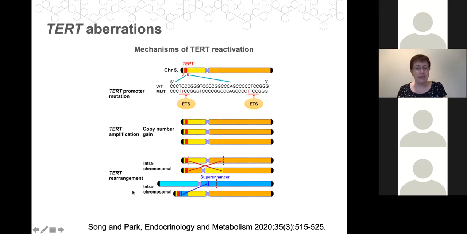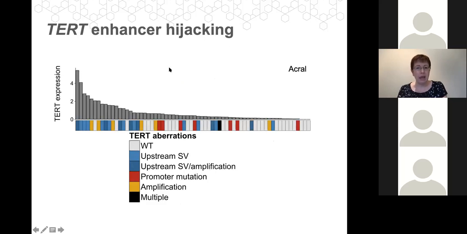Finally, we have TERT rearrangements. As a result of the rearrangement, you can have a relocation of a super enhancer element in close proximity to TERT when you have an event that's upstream of TERT. And this can result in increased expression of TERT. This seems to be a feature in acral melanoma, so TERT enhancer hijacking.